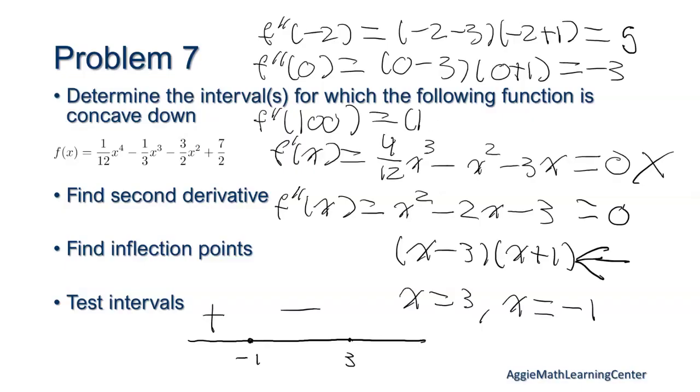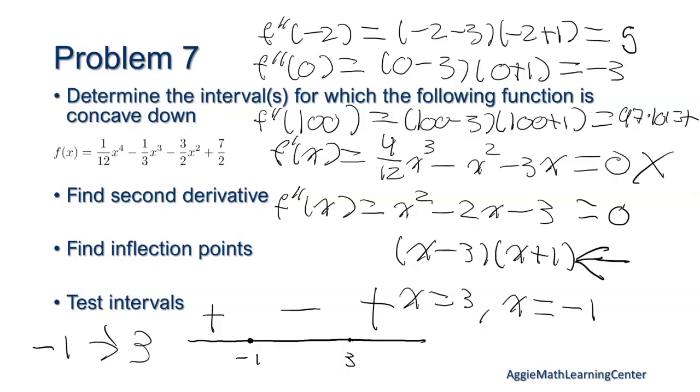We're going to get 100 minus 3 times 100 plus 1 equals 97 times 101, which is positive. That's all we care about. So the interval in which we are concave down is from negative 1 to 3. Hopefully that's right.